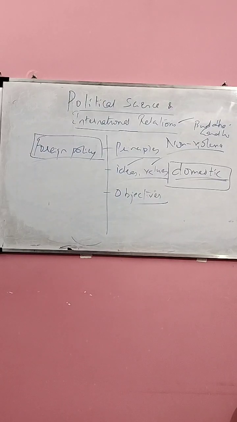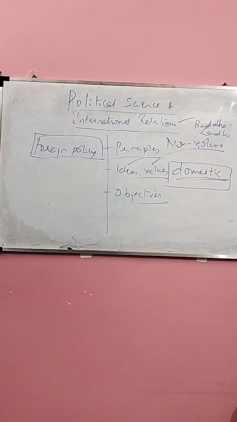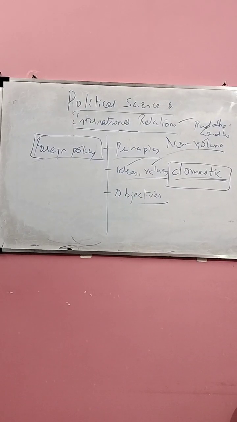Take the example of China. China has some ideals, values. Communism is a domestic ideal. Communism automatically reflects in the foreign policy of China. Chinese nationalism is an important value which once again reflects in the foreign policy. For many Arab countries, Arab nationalism is a domestic value which reflects in the foreign policy.